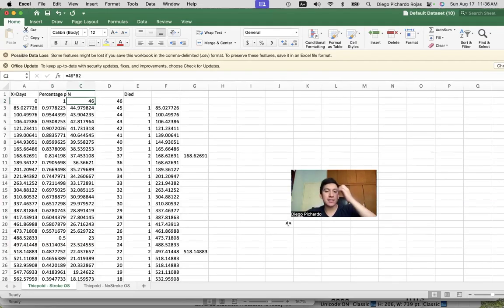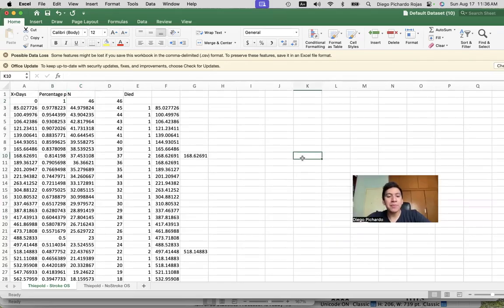All right? So that's just what we did. So we used to have 100% equals 46 patients, and now we don't have 100%. Now we have 50%. So how much does that equal? 50 times 46 between 100. So that's 23. And that's it.